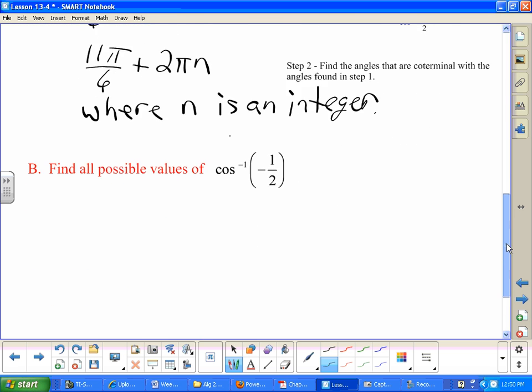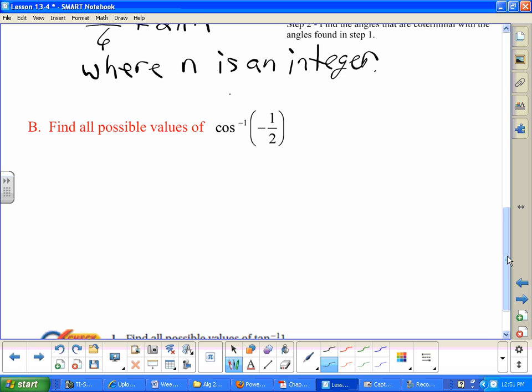All right, let's look at another one. Letter B says find all possible values of inverse cosine of negative 1/2. So let's make this easier to find. Cosine is x, right?